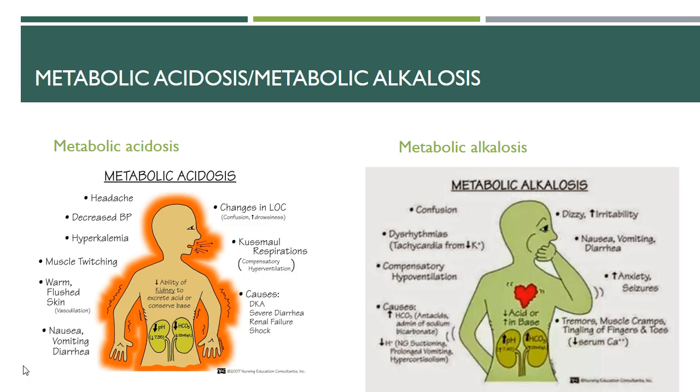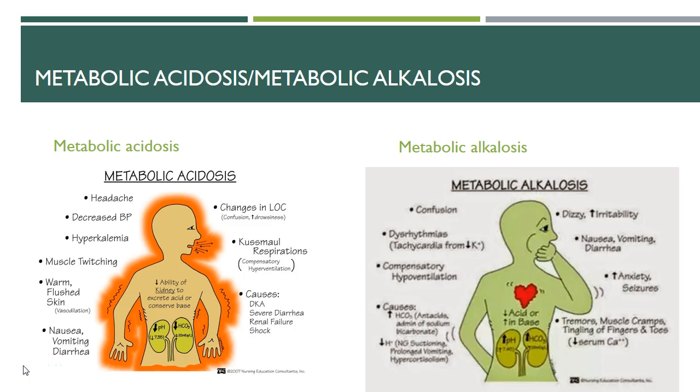You can get metabolic alkalosis when maybe a patient went into a code situation because of respiratory arrest. They were acidotic. They were given sodium bicarb to help correct it, and it made them alkalotic. And again, the severity is going to vary, and the compensation is going to be hypoventilation.